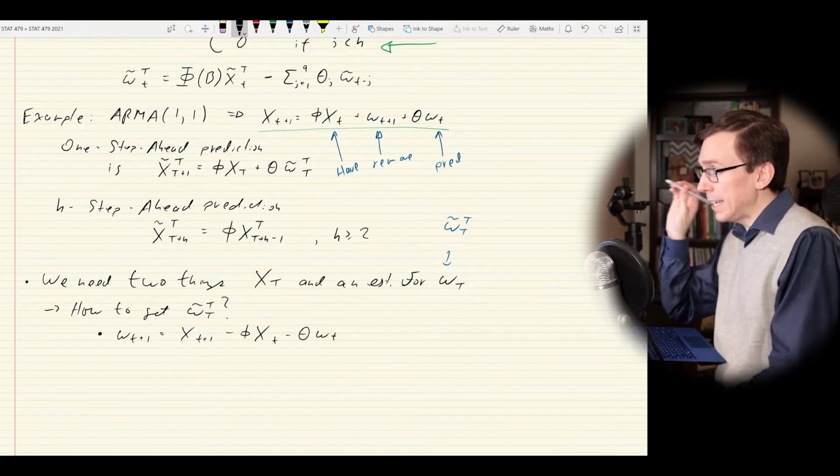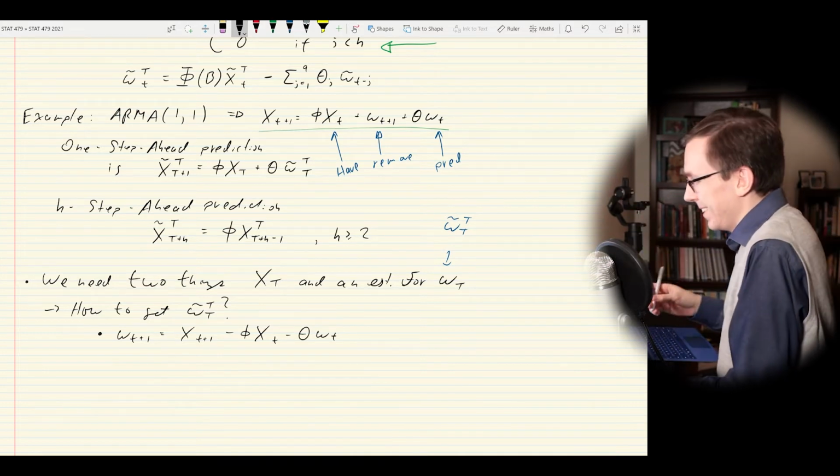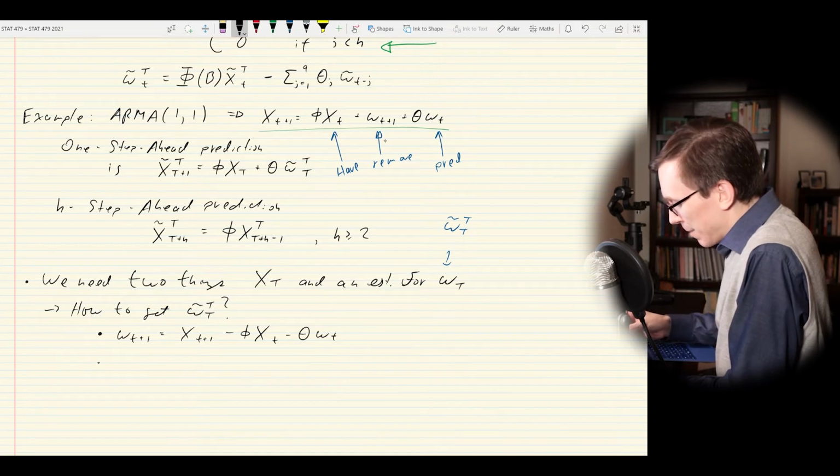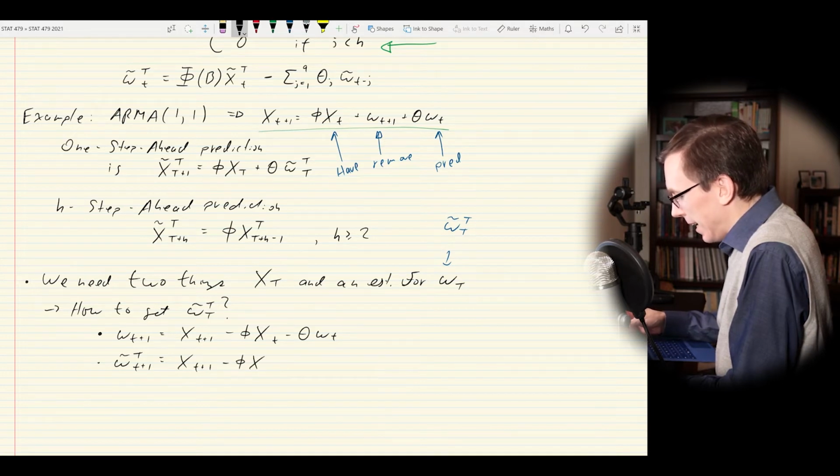Now, if we take the conditional expected value of this, what we end up with is the idea that w tilde t plus 1 is equal to xt plus 1 minus phi xt minus theta w tilde t little t.